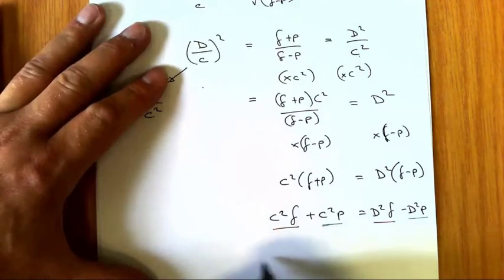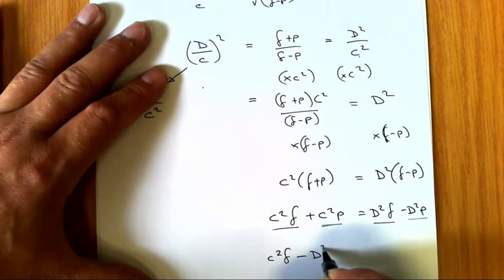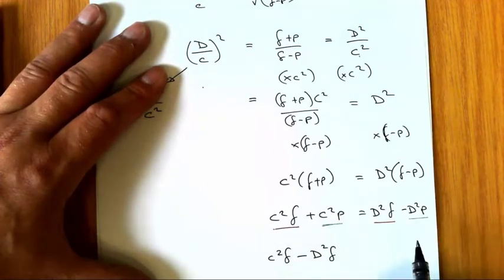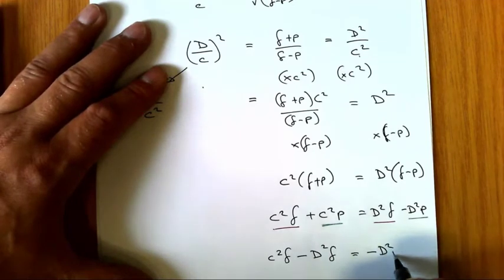So we would end up with c squared f minus d squared f. Remember, when it's coming over, you're going to take it away from that side, so we take it away from this side, will equal minus d squared p minus c squared p.